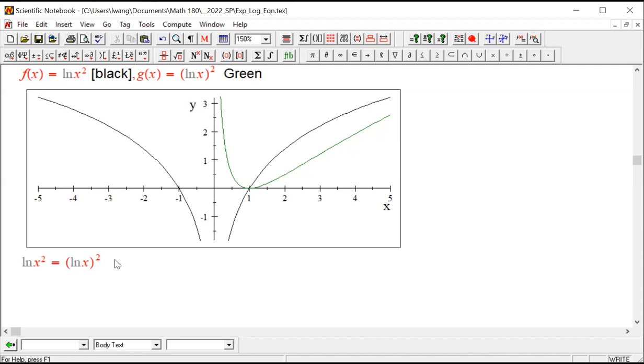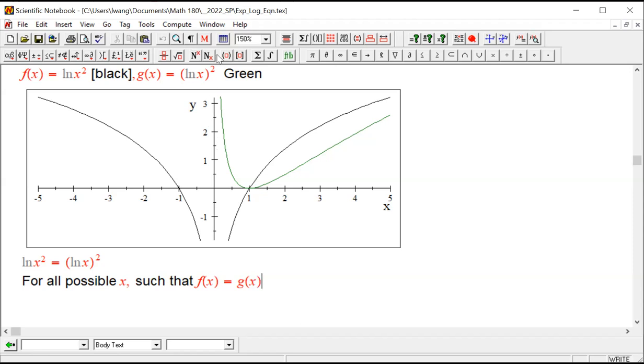This statement is for us to find all possible input, all possible x, such that the outputs f of x equals g of x.